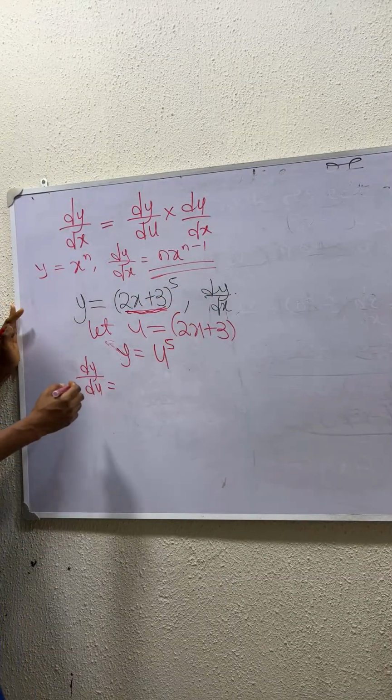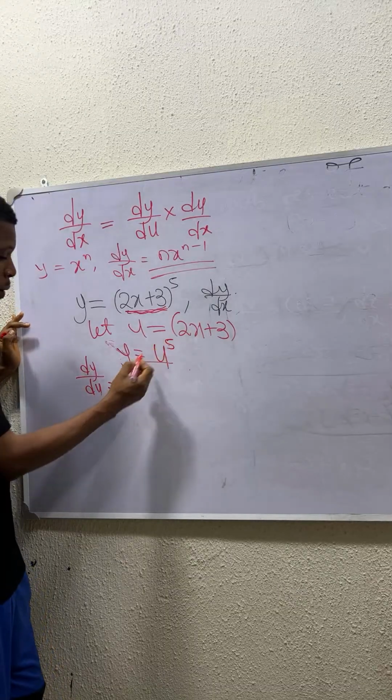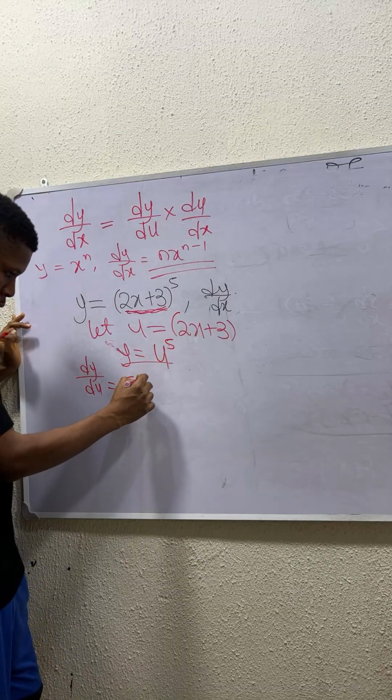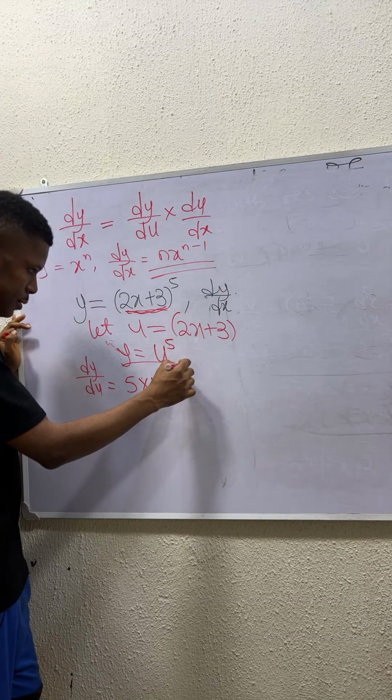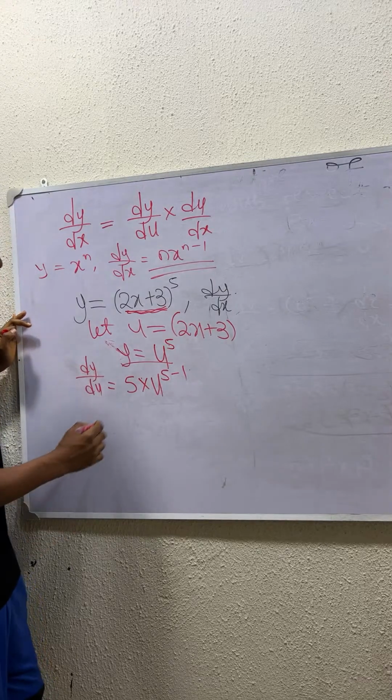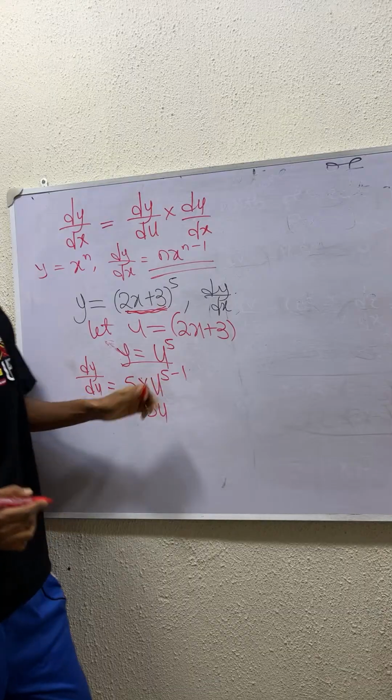The power is 5, so 5 times u to the power of 5 minus 1. 5 times u is 5u. What is 5 minus 1?